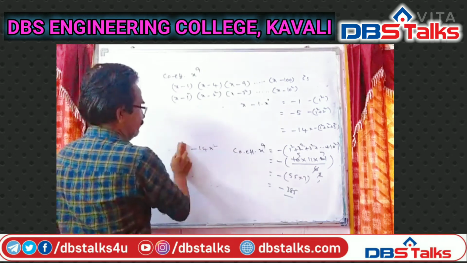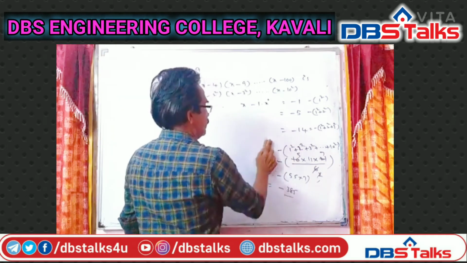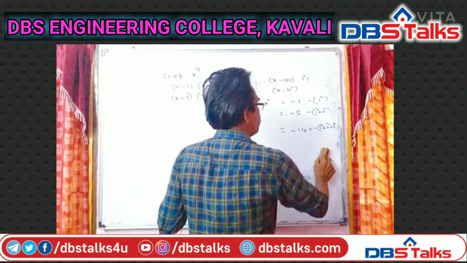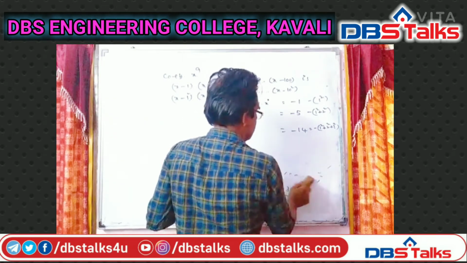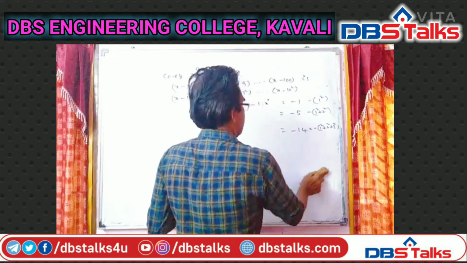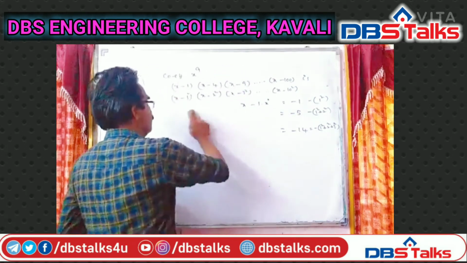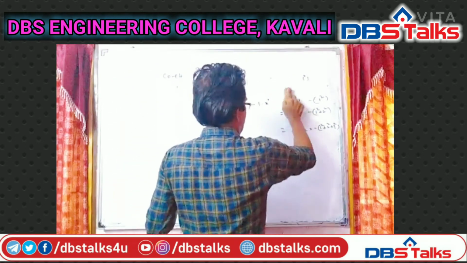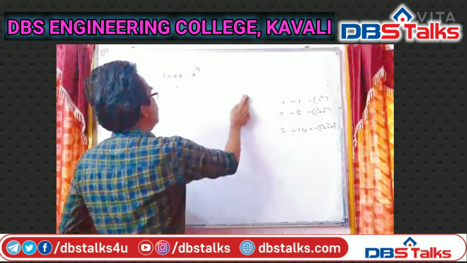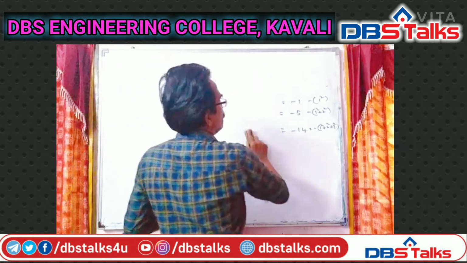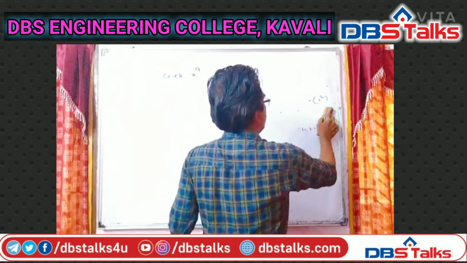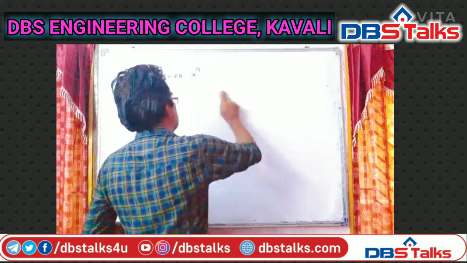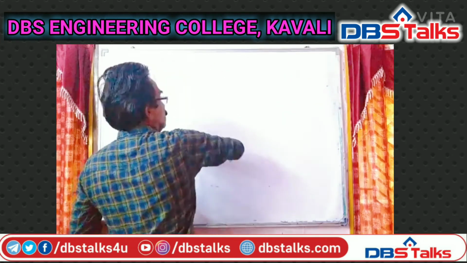Just you have taken one term, the product of two terms and the product of three terms, and observed the coefficients. We observe the coefficients are like 1 square plus 2 square, 1 square plus 2 square plus 3 square, like that.